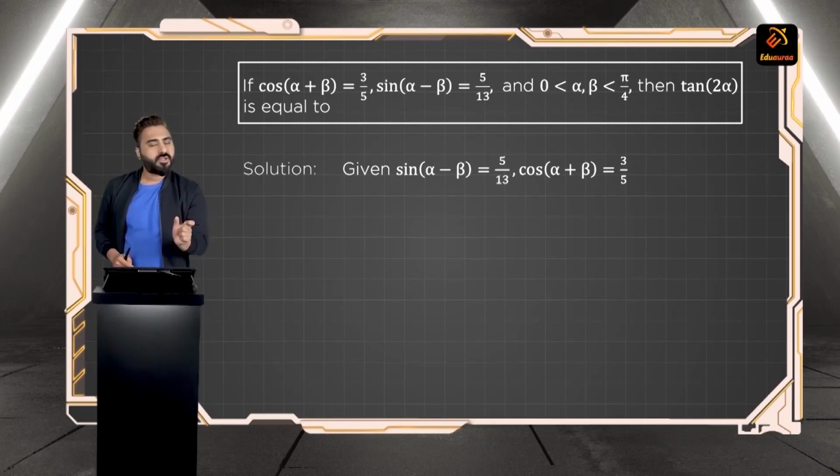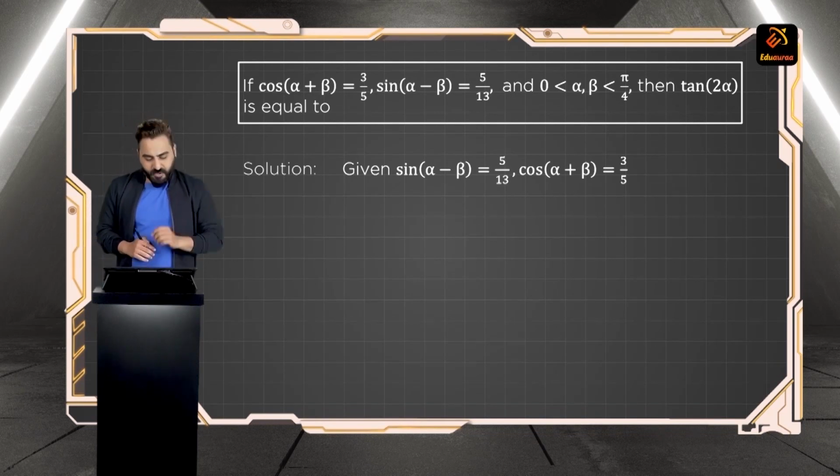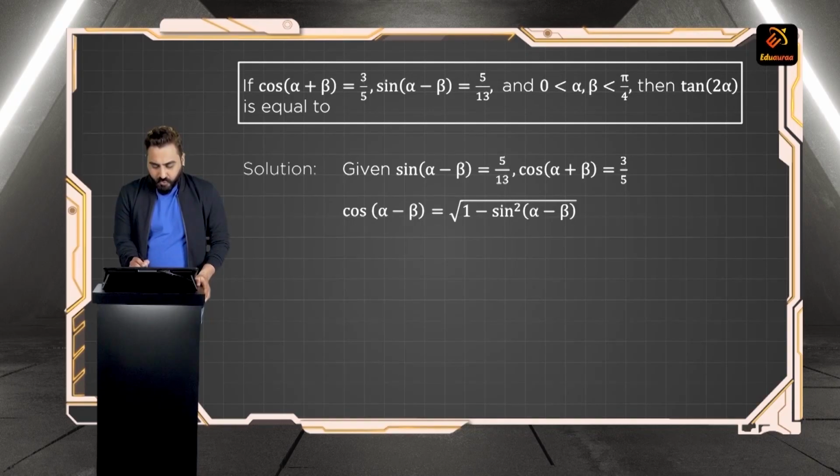Cos(alpha minus beta) is root of 1 minus sin square(alpha minus beta).